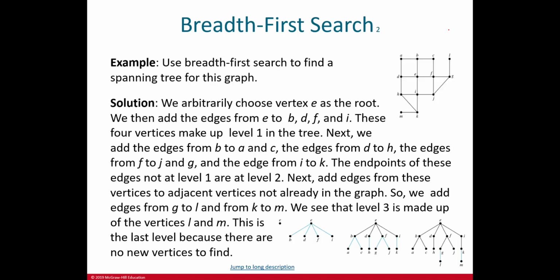So here a different graph is given, and we can choose any arbitrary node as the root node, but here they have chosen E because E has the highest number of vertices that we can cover in the breadth first manner.